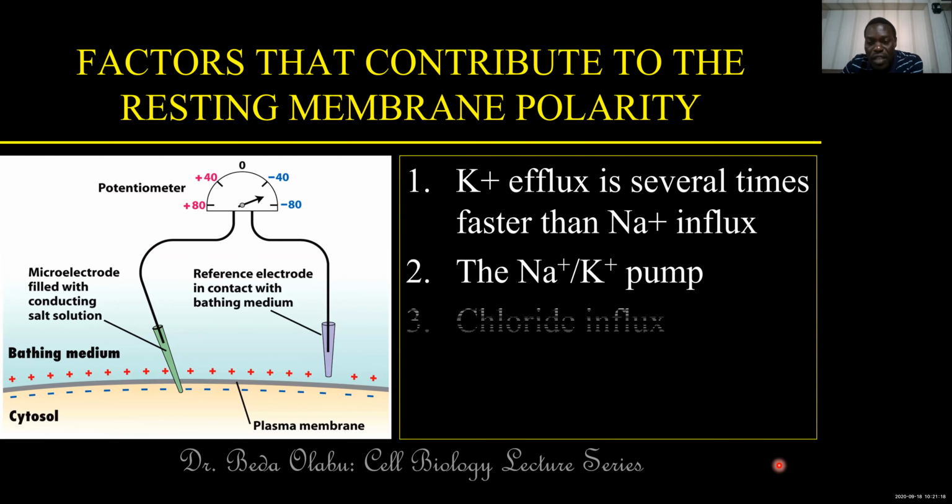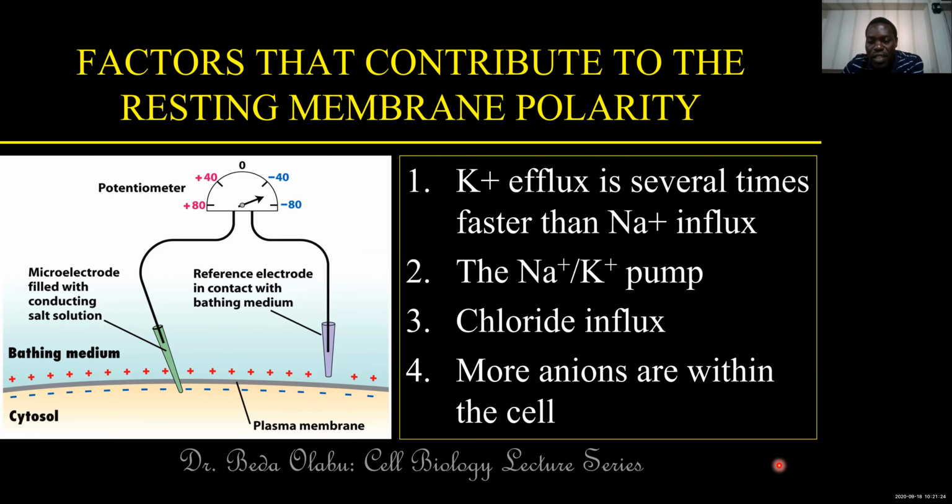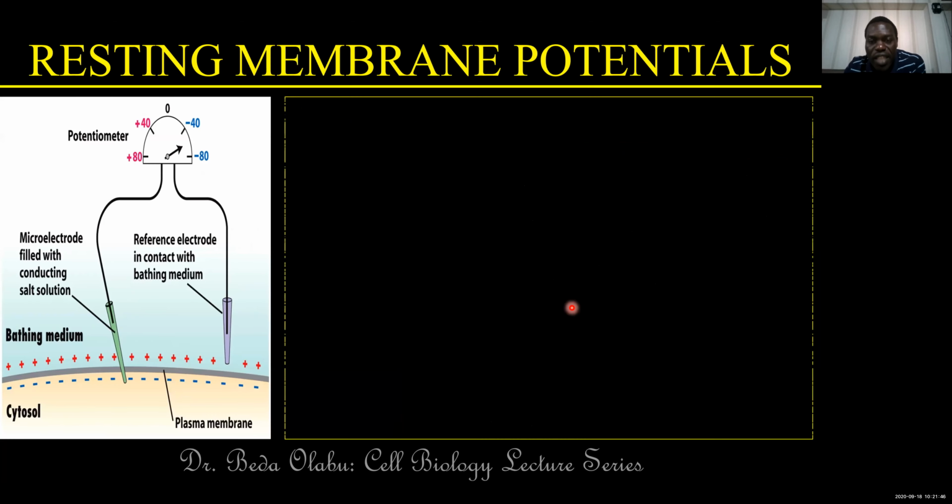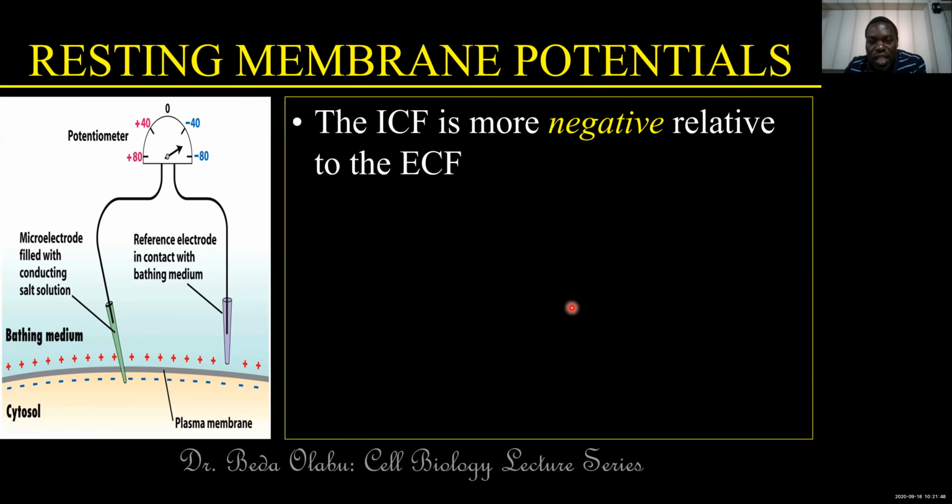The third factor is chloride influx, negative charges entering. And the fourth factor is that we have more anions, negatively charged particles, within the cell than outside the cell. That means that at rest, the membrane is polarized. The membrane is charged at rest, and the charge is in such a way that the inside is negative, the outside is positive.